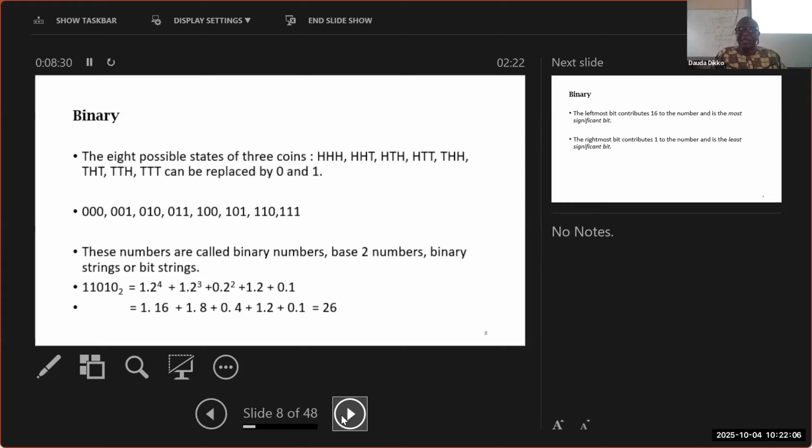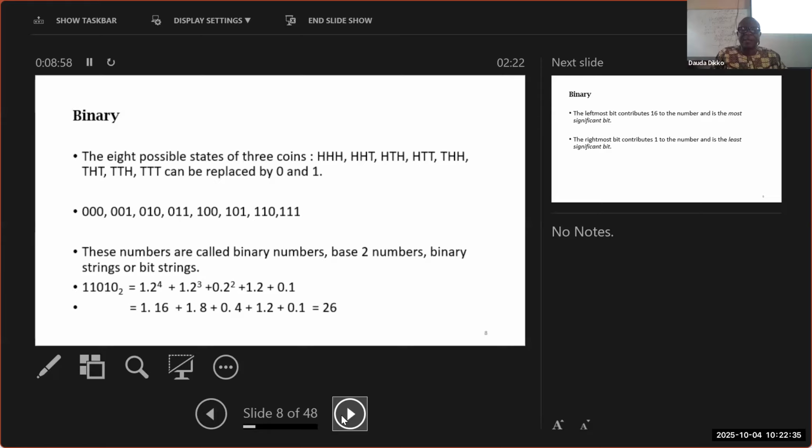These numbers are called binary numbers, or base 2. In terms of information encoding, they can sometimes be called binary strings or bit strings. It is possible to convert the binary string to the decimal string that we are all familiar with.